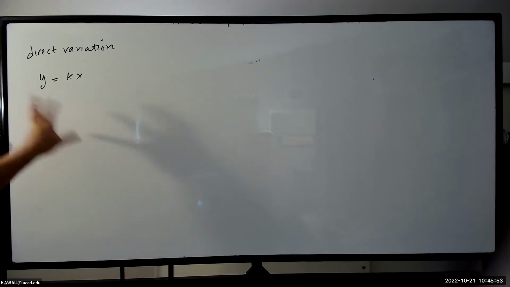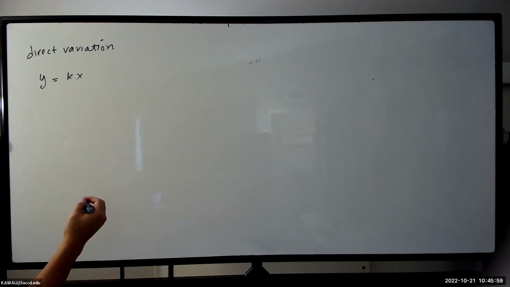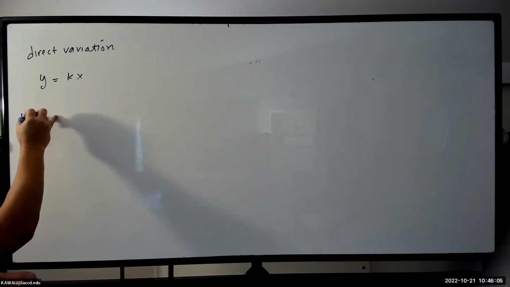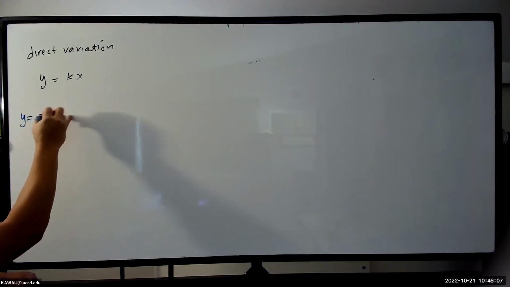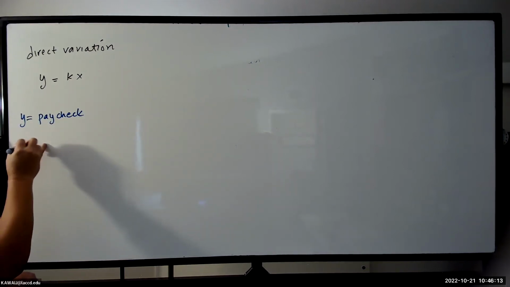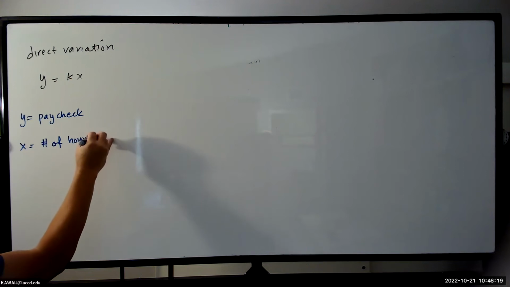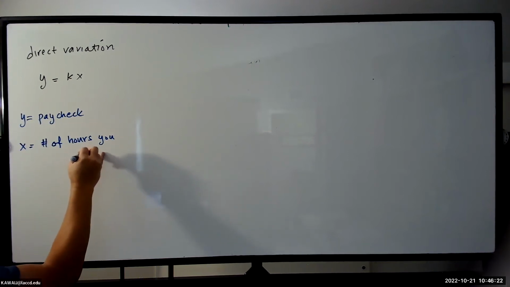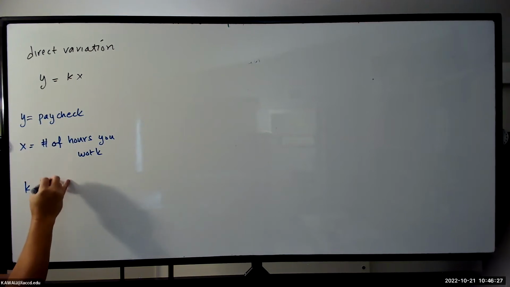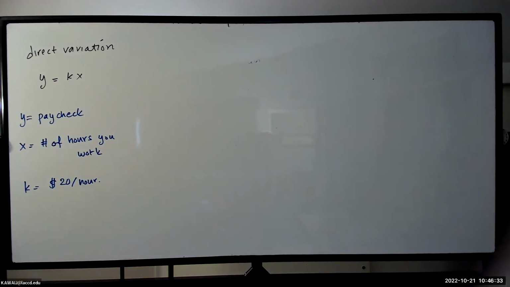Now let's just do a very basic variation. So let's say y is equal to your paycheck, how much money you get. x is equal to the number of hours you work. And k is equal to $20 per hour.